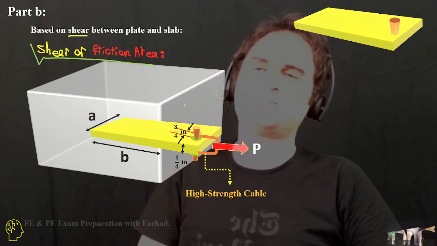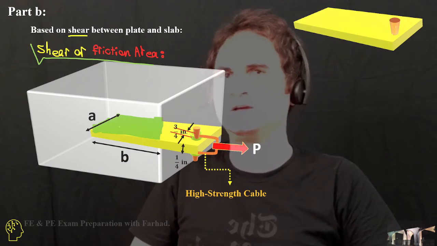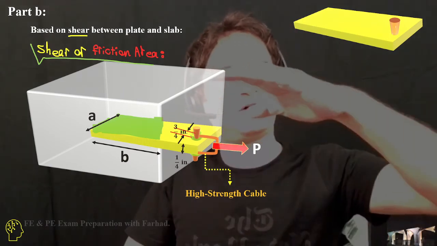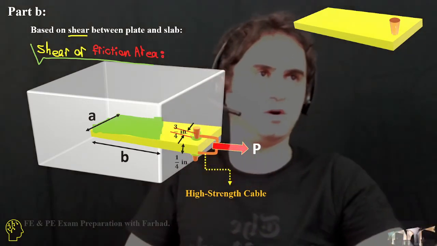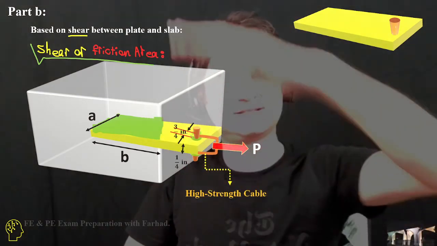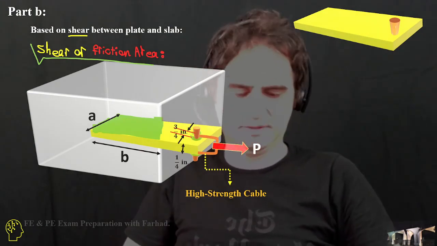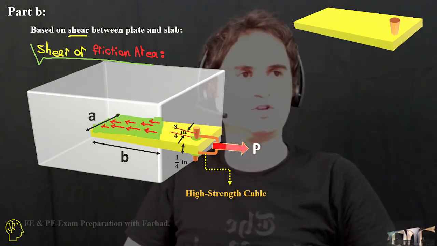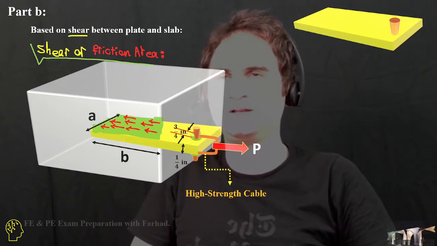In part B, based on shear between the plate and the slab, for the shear or friction area calculation, we have two parts of the shearing or frictional force when we try to pull out the steel plate: one at the top and the other at the bottom. That's A times B, and two of them.